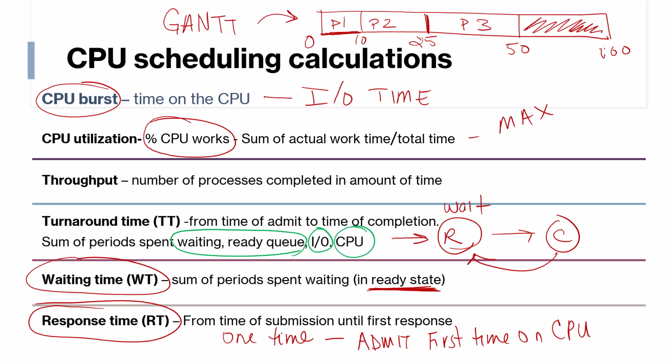So the process is either going to be doing one of three things. It could also be swapped, but in our exercises, we won't be adding the swapping part. We will just say out in I/O or an event, meaning it's not waiting for the CPU because it's not ready to be on the CPU. So a process is either ready and waiting for the CPU, on the CPU, or out in some type of I/O or event.